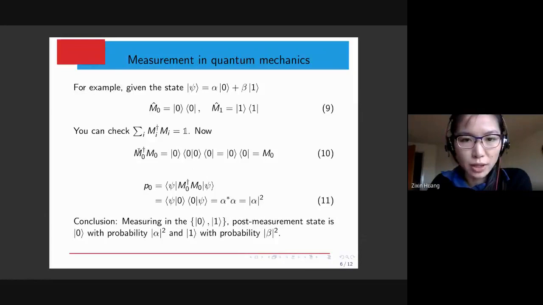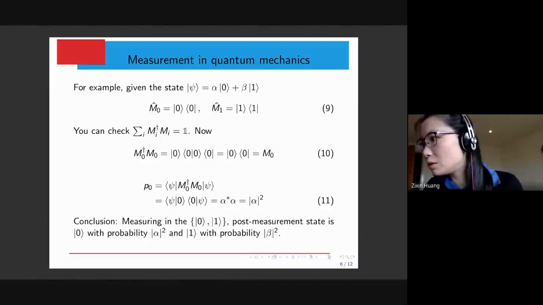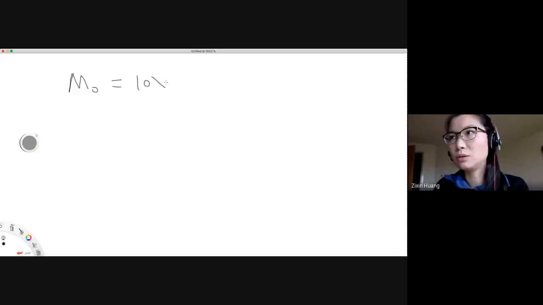If I do this on the board again, I want to do equation 10. If I want to do M0 dagger M0, here I have M0 equal to ket 0 bra 0.